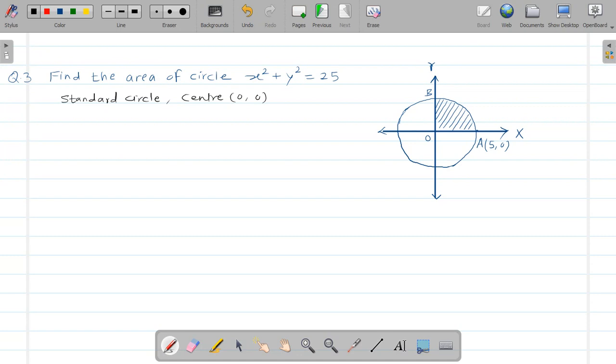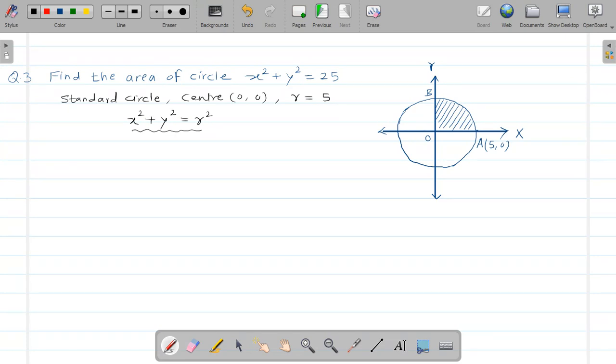Now here in this case radius r is equal to 5 because it is 25 on the right hand side. The general equation is x square plus y square is equal to r square. This is the equation of a standard circle. Standard circle means center at origin, that is 0, 0, and here r is equal to 5, and we have to find out the area of the total circle.